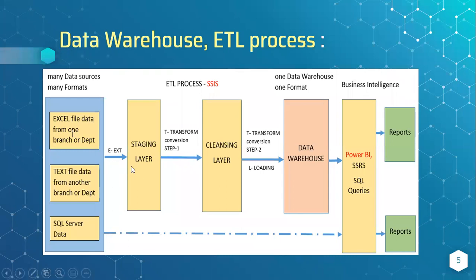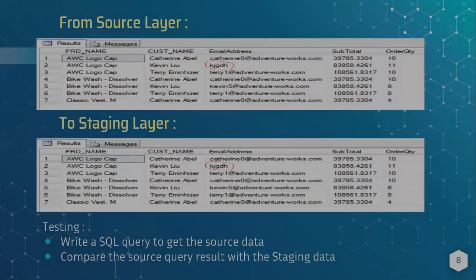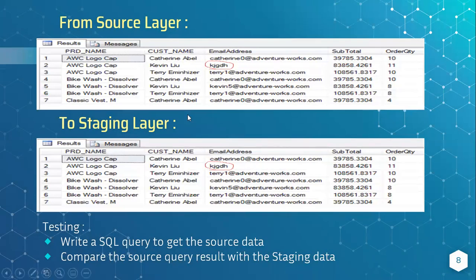We don't apply any transformations, so there will not be any change in the data. So we need to test each and every layer, as I told earlier. So how do we test the staging layer? We will write a SQL query to get the source data and compare the source query result with the staging data.